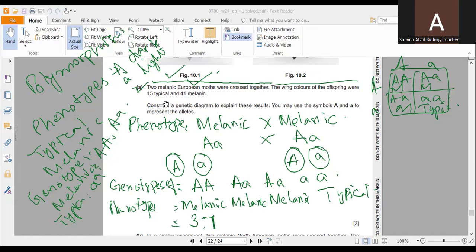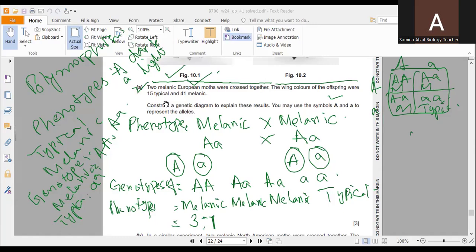So this is the Punnett square test. With the help of this genetic diagram, we can explain that capital A is dominant over small a. Capital A will represent the melanic because they are greater in number.